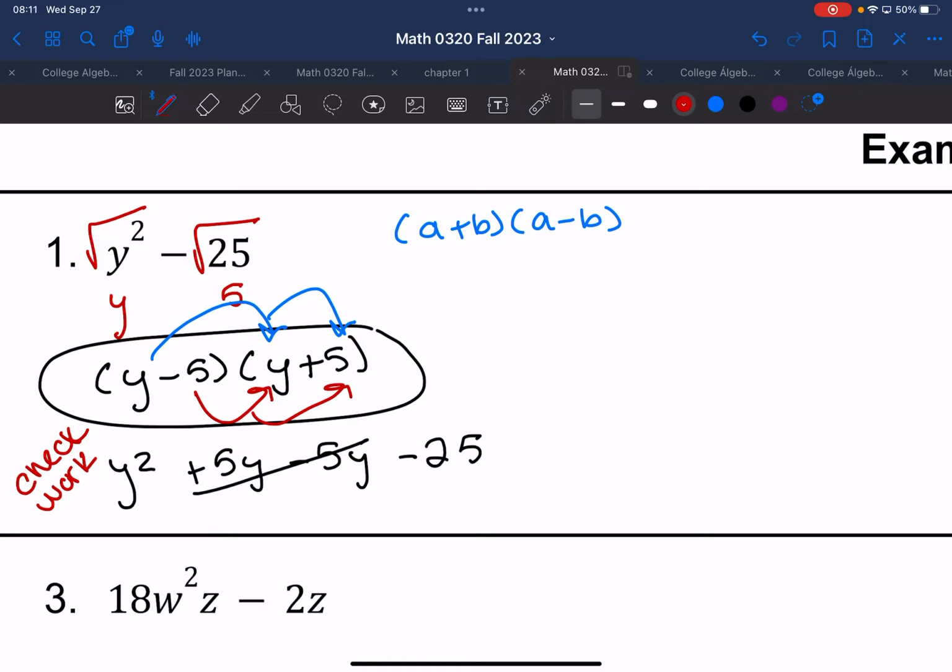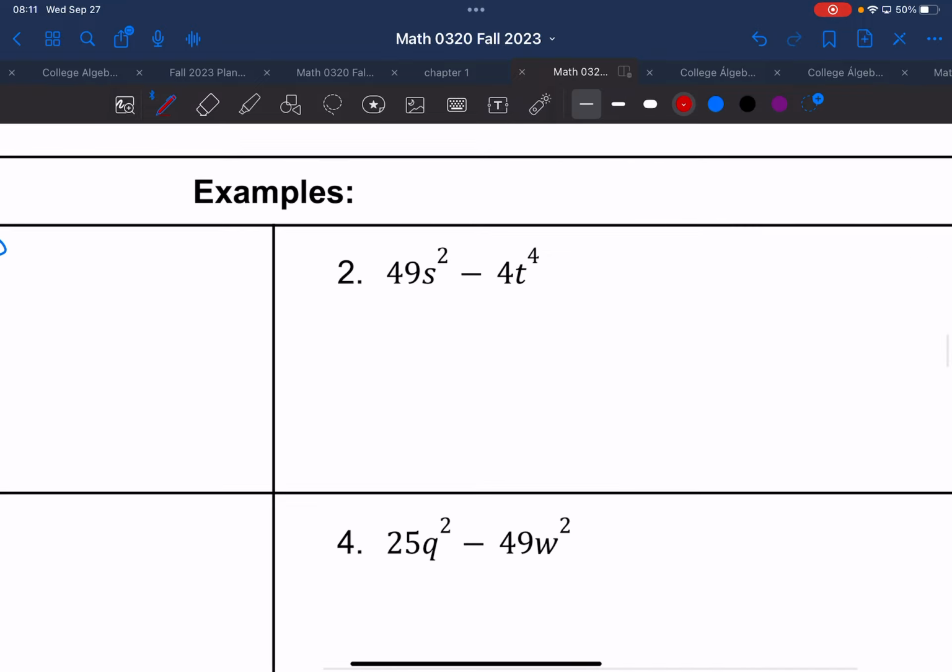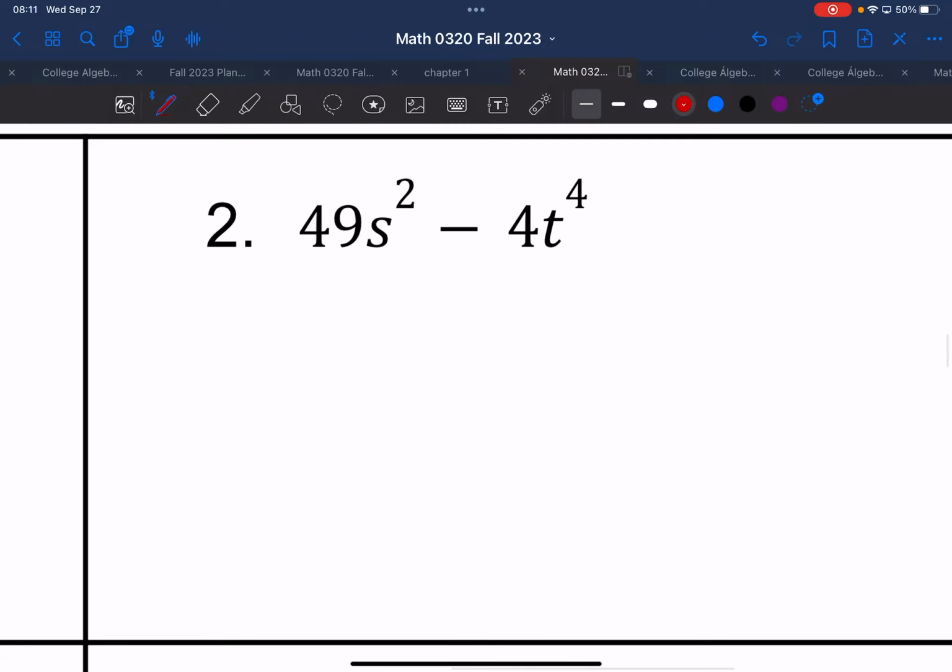So now let's look at number 2. Okay, notice in number 2 that we still have those two terms, but each term has two components to it. So we're going to see if we can take the square root of each one. Can we take the square root of 49? Yes, 7. Square root of s squared? s.